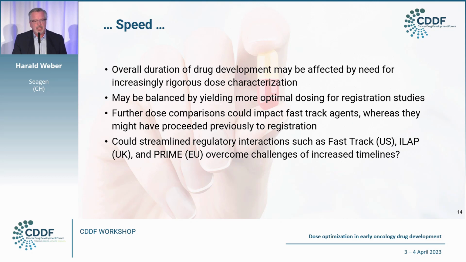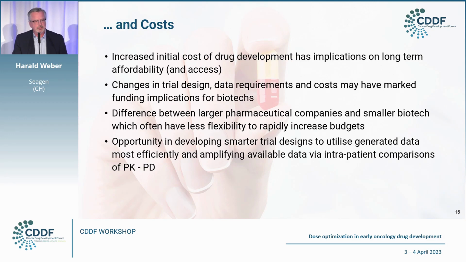It could also have an impact on fast-track approaches. When we do more at the beginning, it might be possible to streamline regulatory interactions, such as fast-track in the US or in the UK, or PRIME in the EU, to overcome challenges of increased timelines. Another topic for discussion and consideration.